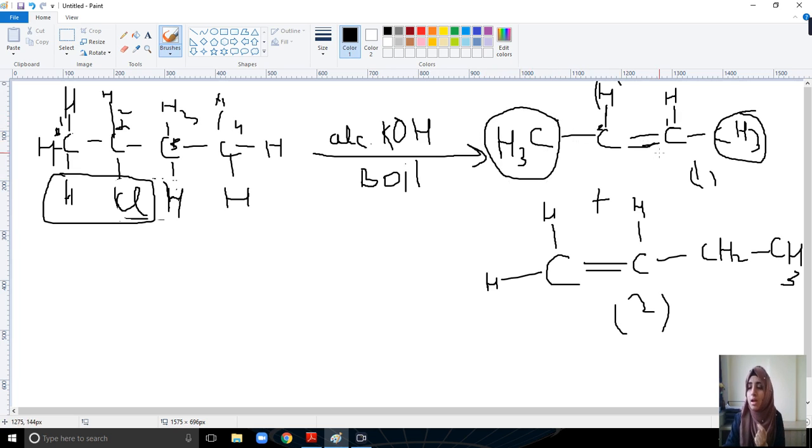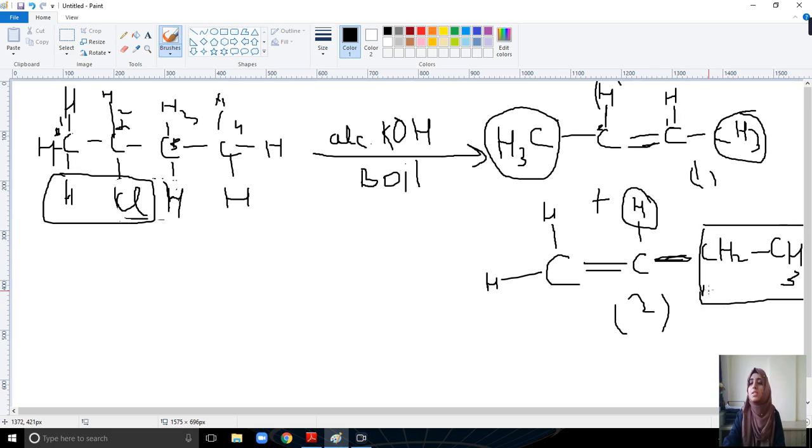So in the first product there are a total of 2 alkyl groups attached to the doubly bonded carbon atoms. In the second product, 1 hydrogen is present and one alkyl group is attached, that is an ethyl group.